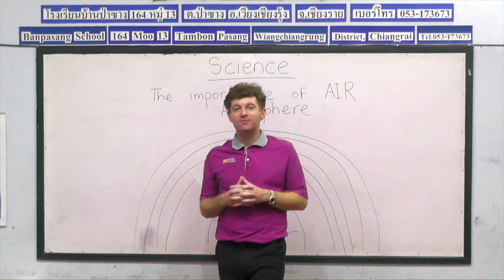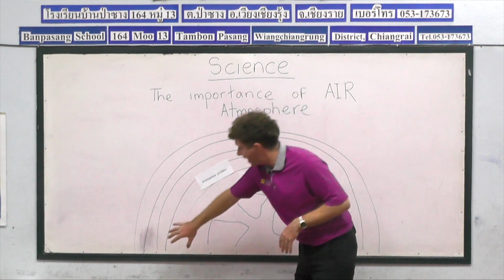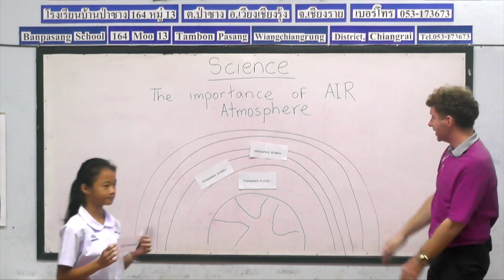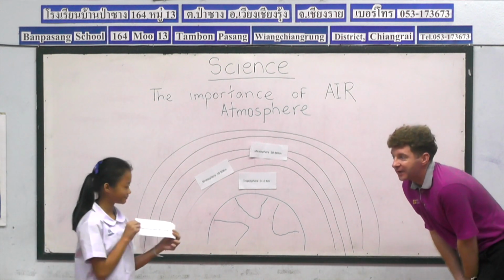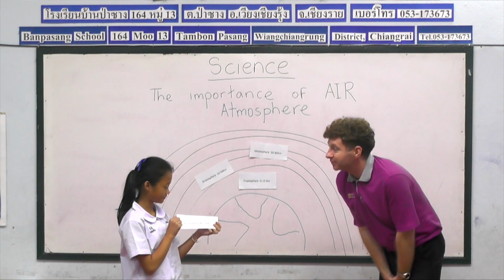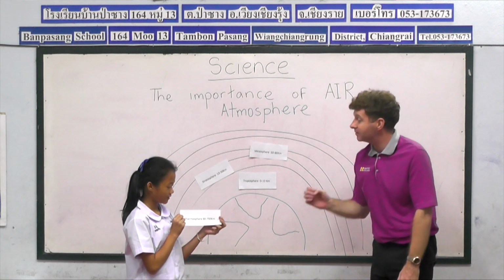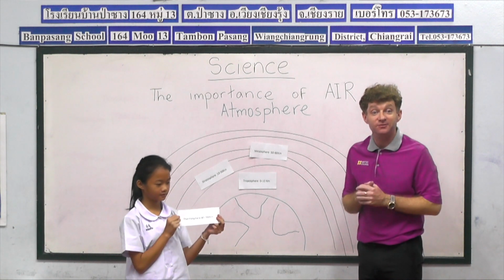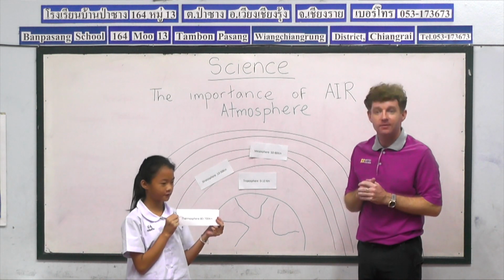Come and join me at the front, please, Dan. And remember, guys, the atmosphere goes all the way around the Earth. What do we have here? We have thermosphere. Can you say one more time? Thermosphere. All together, guys. Thermosphere. Excellent.